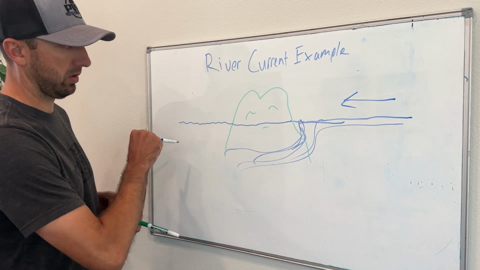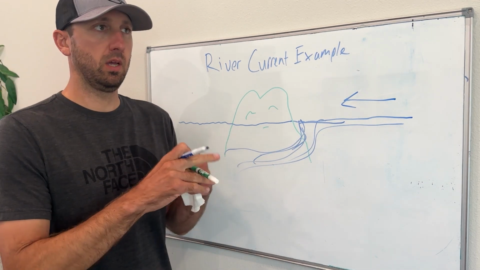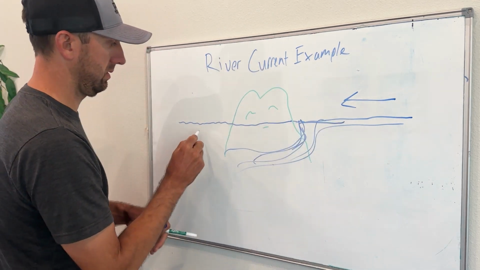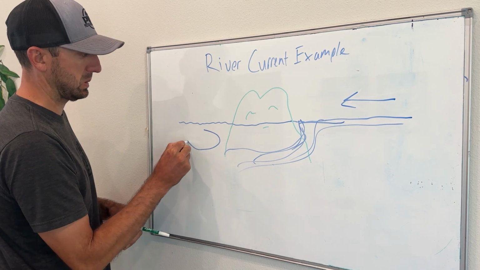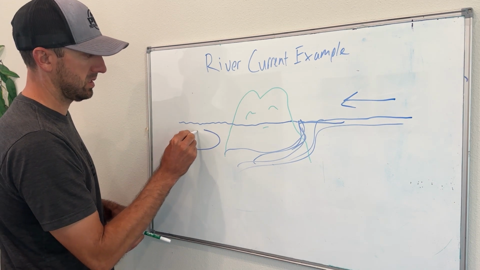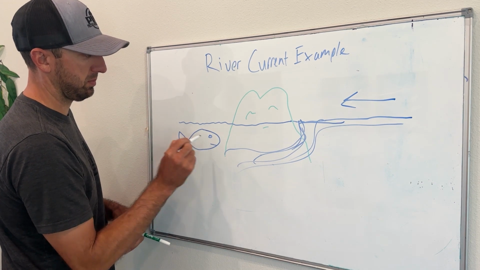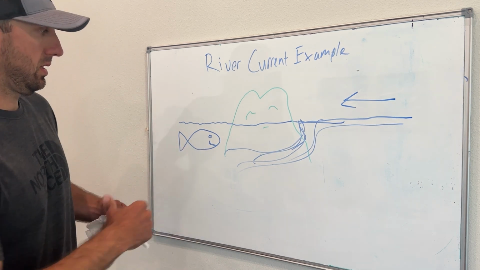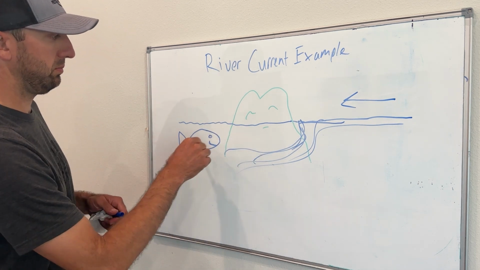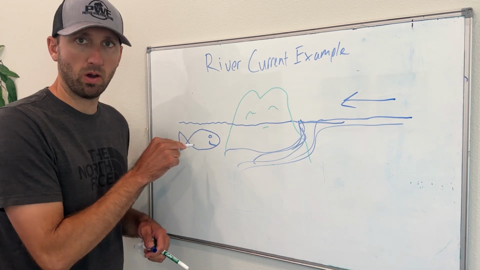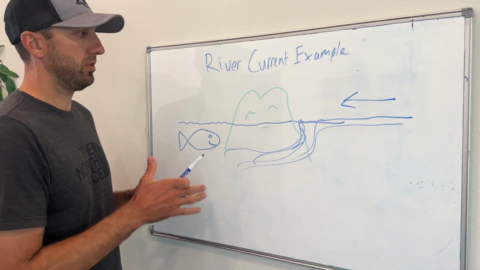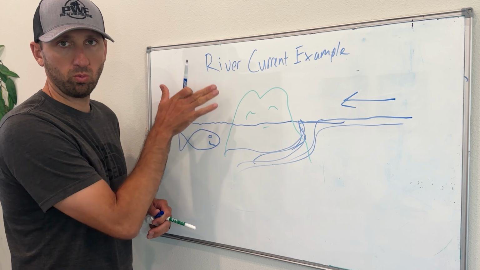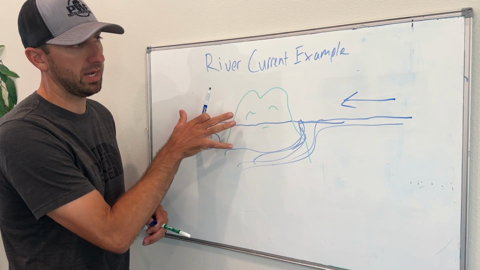Well, the bass are going to be situated facing the current. So you've got your bass back here. Happy bass. And basically he's sitting in this slack water back here where the rock or structure is creating that current break, that wind break.